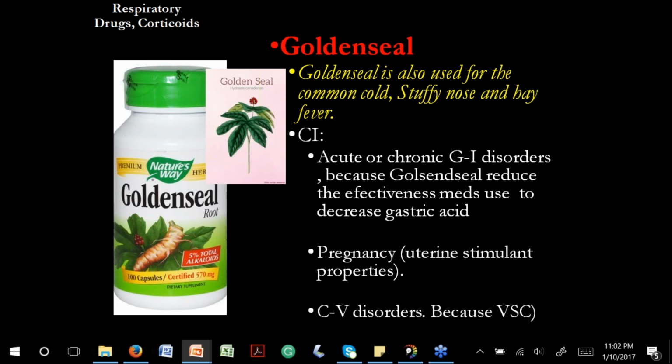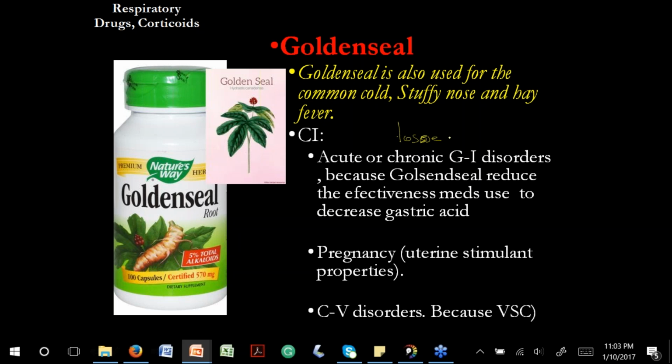So please, this is important. Golden seal is used for common cold, okay? But there are some contraindications. Contraindications are going to be careful with ulcers. Golden seal, ulcers, why? Because if you take any medication to decrease gastric acid, those medications are going to lose effectiveness.